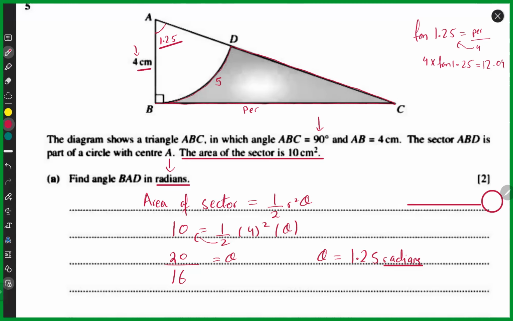I am going to keep at least 4 significant figures during the working, because if I round off in every step, I would get a very rounded off answer. So this perpendicular side turned out to be 12.04 centimeters.